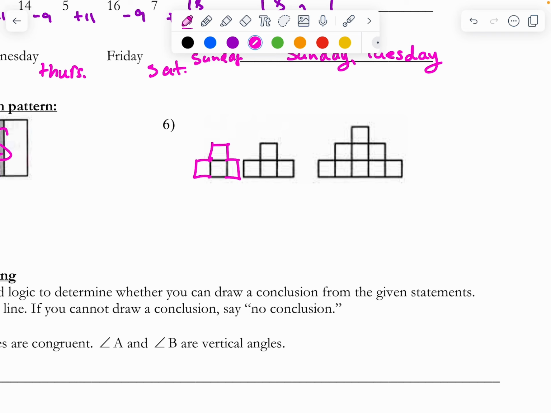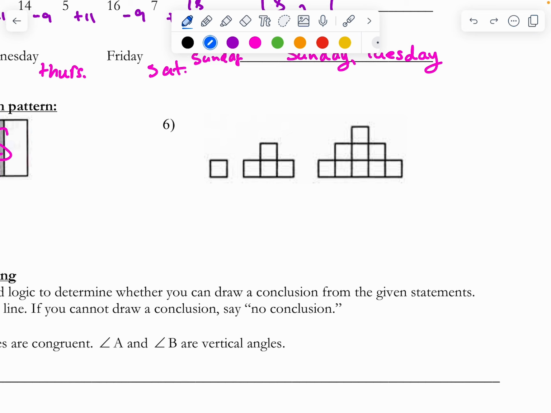And that's exactly what they're doing to everyone. So to go from the middle one to the one on the far right, they added one square here, one square here, one square here, one square here, one square here. So that's essentially what we're doing. We're just adding an extra layer on the exterior of this pyramid.